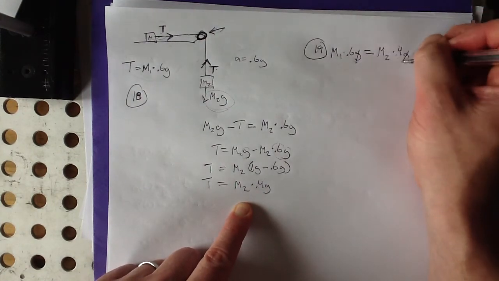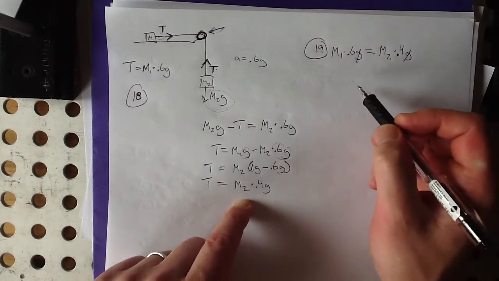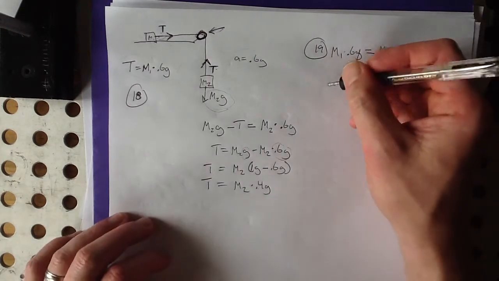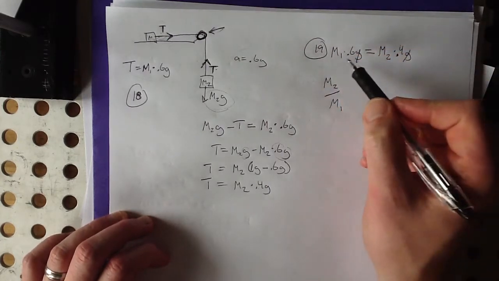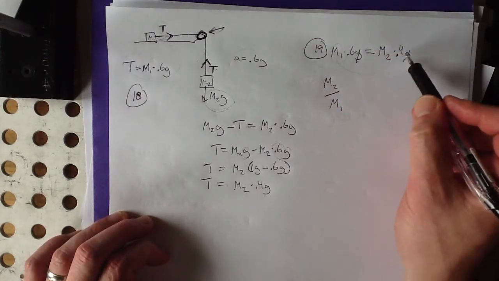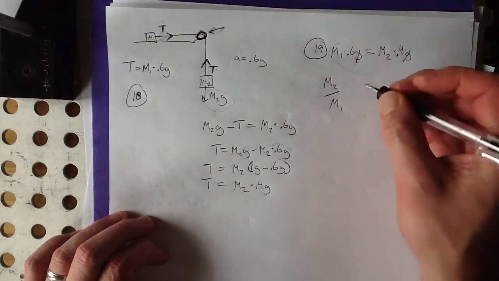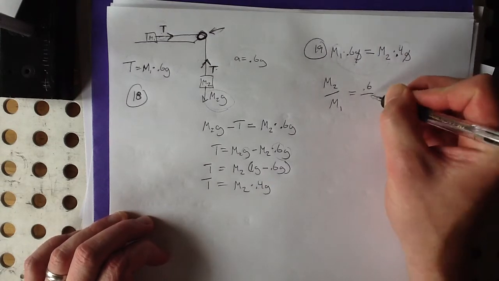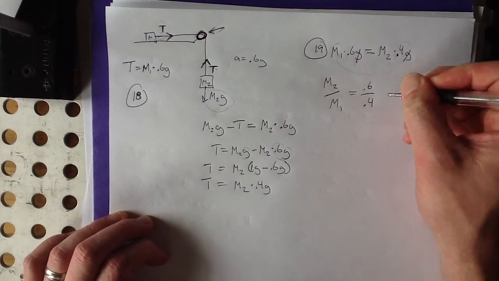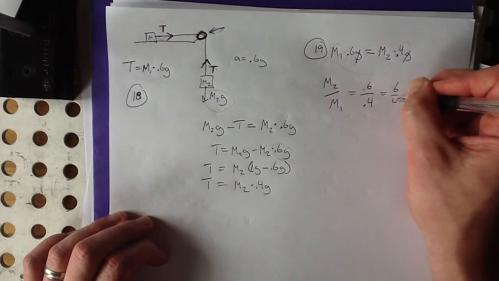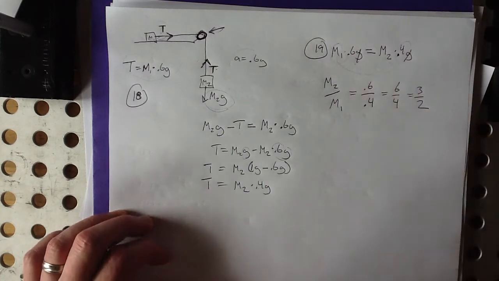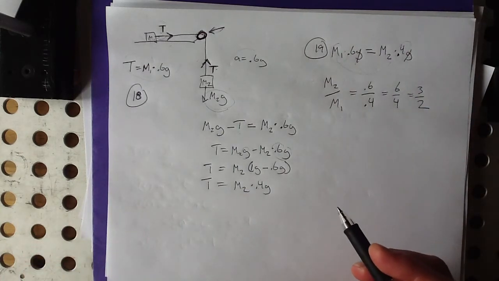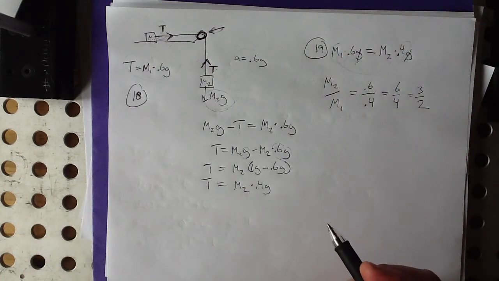So the g's cancel out. They want the ratio M2 to M1, so I'm going to divide by M1 over here and divide by 0.4 over here. That would be equal to 0.6 over 0.4, or 6 over 4, or 3 to 2, and 3 over 2 is equal to 1.5. That's correct. Answer choice is D.